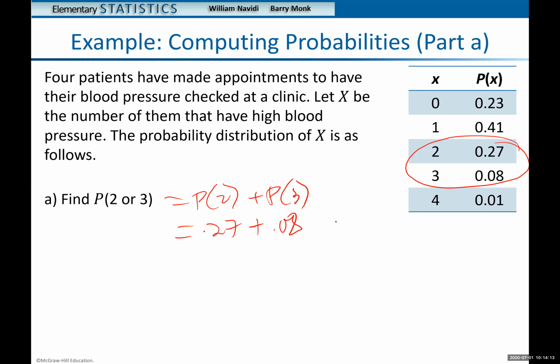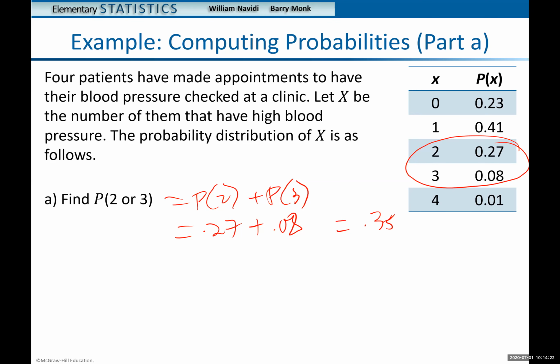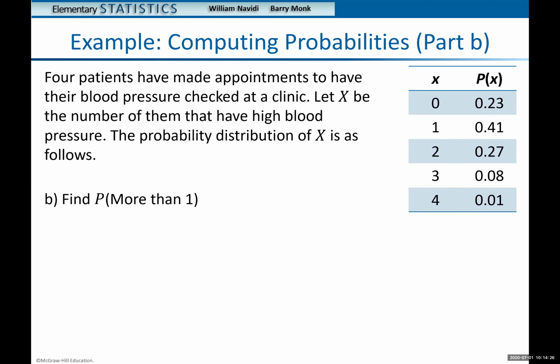So the answer here is 0.5. Next, using the same table here, find the probability of more than 1. So what do you mean by more than 1?